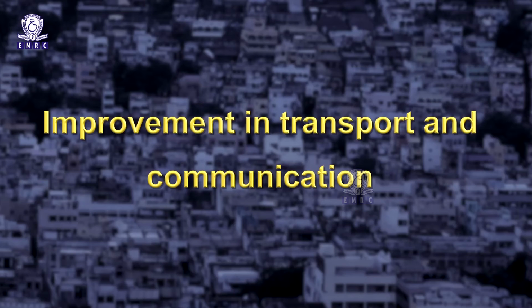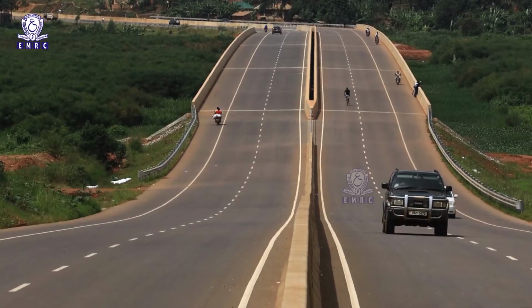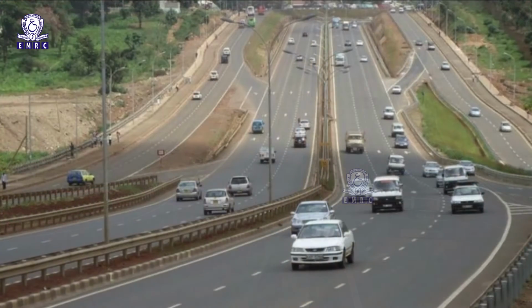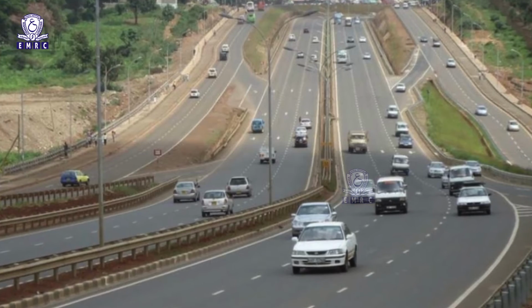Coming to the sixth one, improvement in transport and communication. Development of the nation state focuses on improvement in infrastructure facilities and greater connectivity between rural and urban areas. More roads are constructed, which improves the connectivity between rural and urban areas.